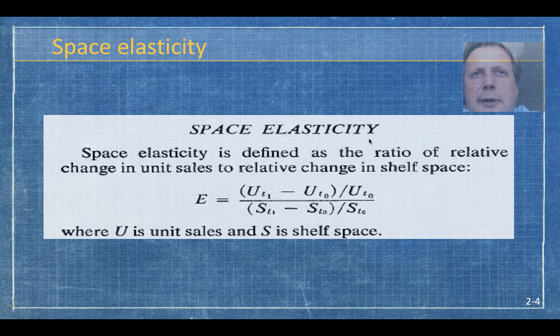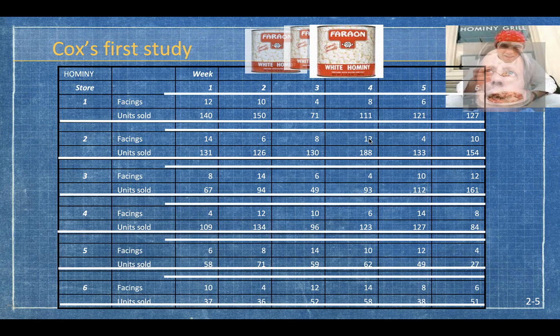Space productivity is sales per square meter or gross margin per square meter, another very well-known metric in mechanical selling. But space elasticity is what you expect to get when you just double the space. This is behind a lot of the studies on planograms and on how to improve shelf management.